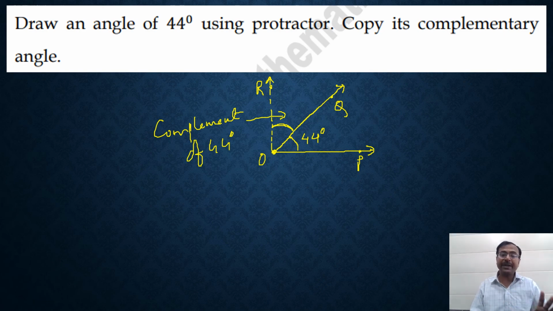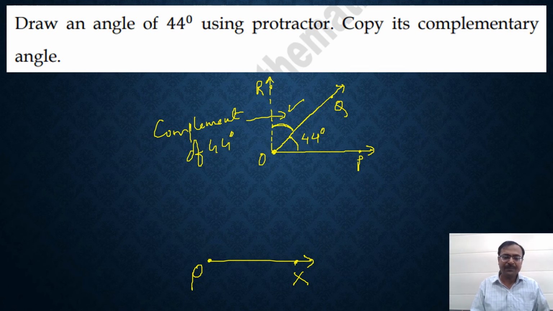So in order to make an angle which is exactly the same measure as the complement of 44, draw a ray, any ray, say PX, and now at P you can draw any arc like this and open the compass from here to here.